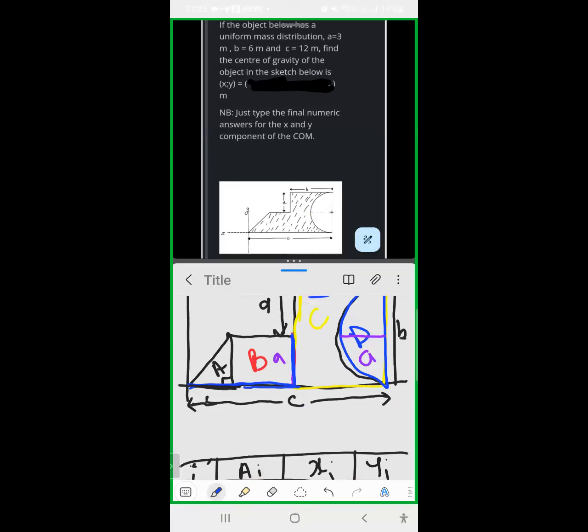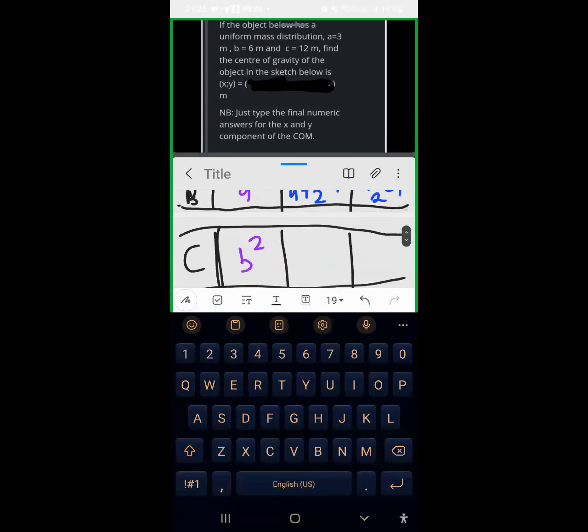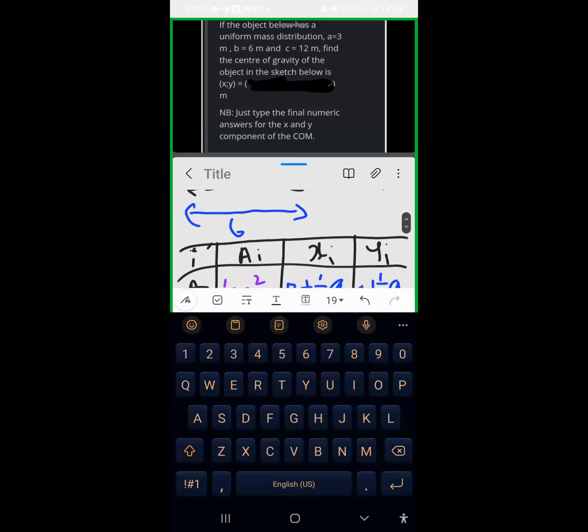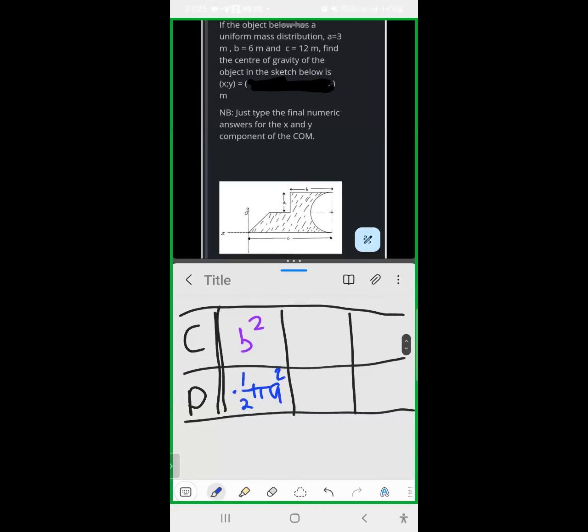And now let's move on to the third shape, which is shape C. We can see that along the x-axis, it is located 6 meters away from the origin. Therefore, we're going to have its x center of mass being 6 plus the x coordinate of its center of mass.